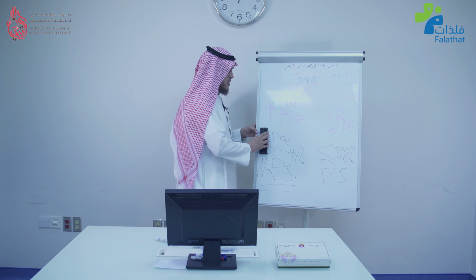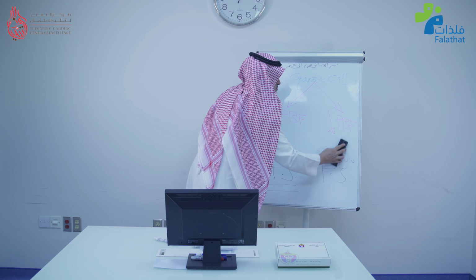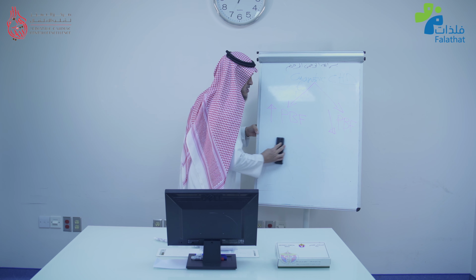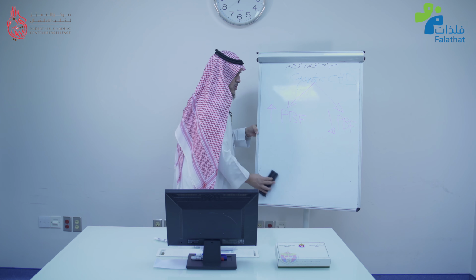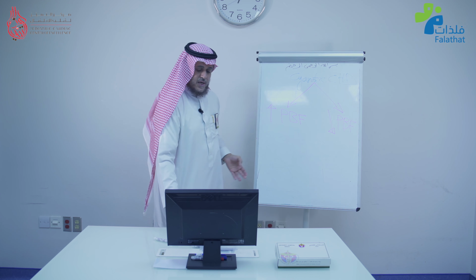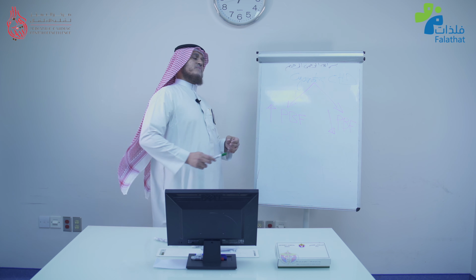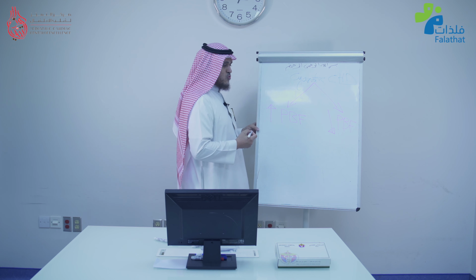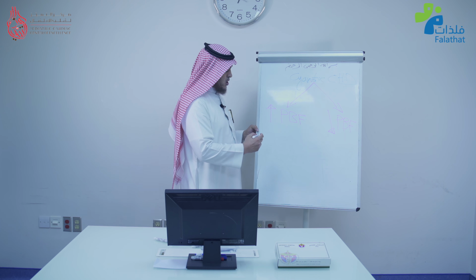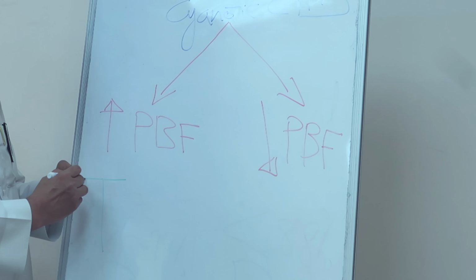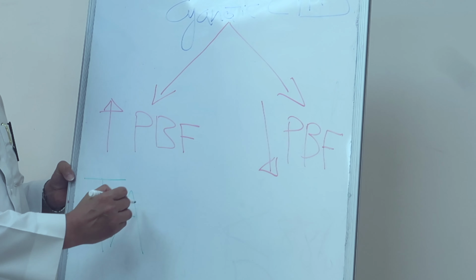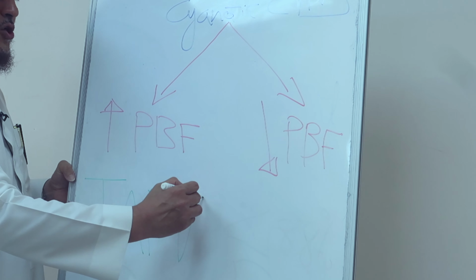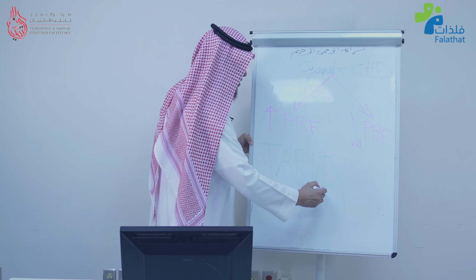So, let me just write down for you some of the common ones, and then we will go into how we describe them and how we talk about them. With increased pulmonary blood flow, there is one famous lesion which we call total anomalous pulmonary venous connection or drainage.